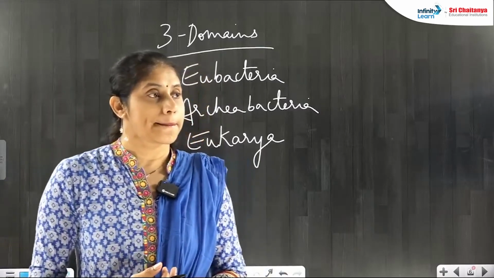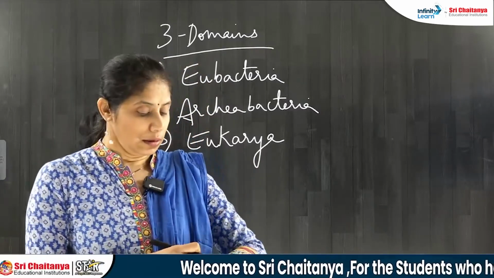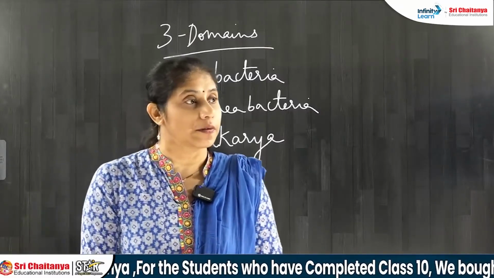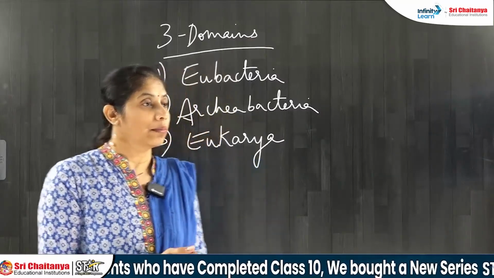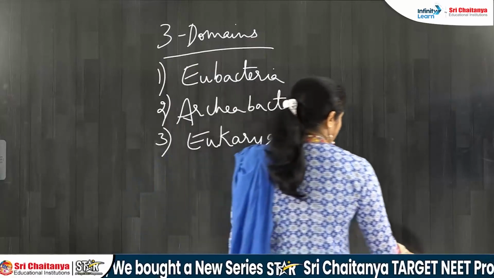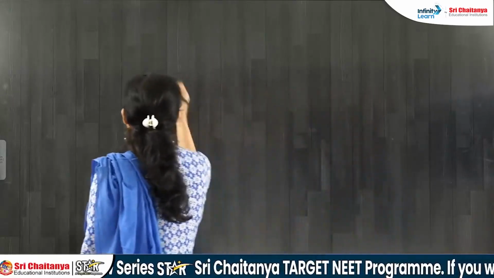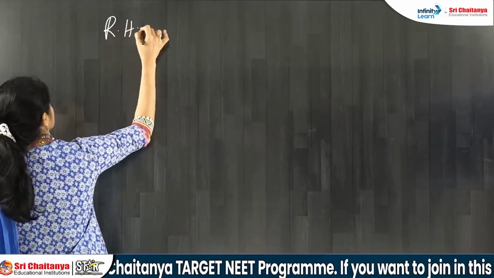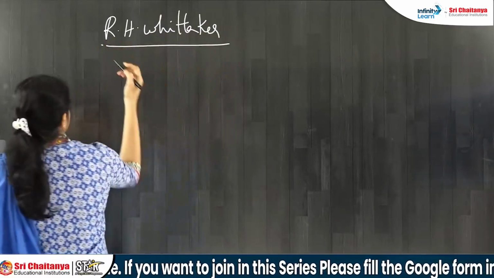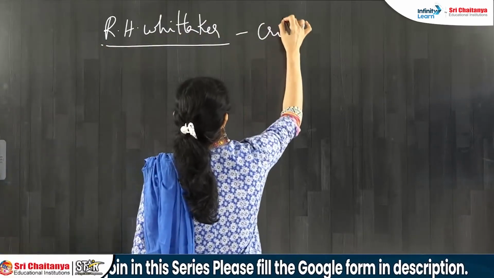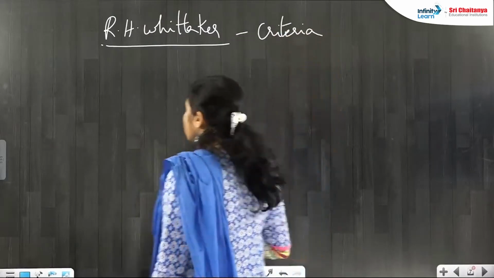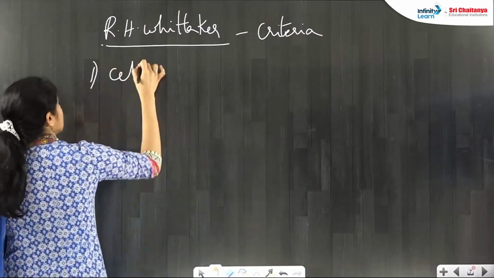Now let us consider which points were considered by R.H. Whittaker for the five kingdom system of classification. These are the three domains. Now let us see the criteria for his classification. First, he considered cell type.